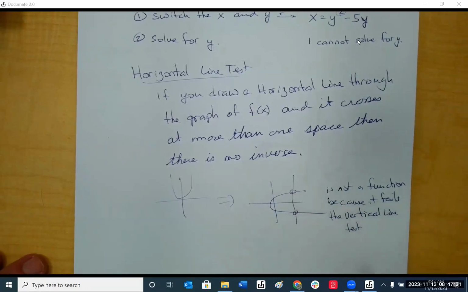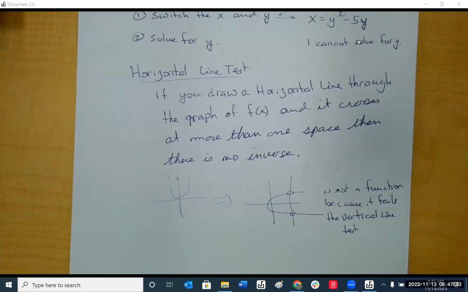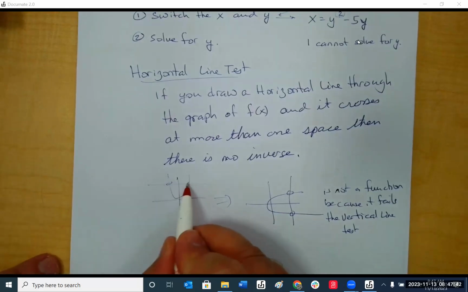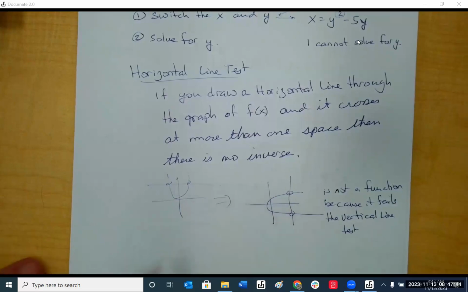Remember, if I draw a vertical line across it twice, it's not a function. So I cannot have an inverse function if it's not a function. That's why I look at the horizontal line test first. If the horizontal line test fails, then I know the vertical line test is going to fail in the inverse.